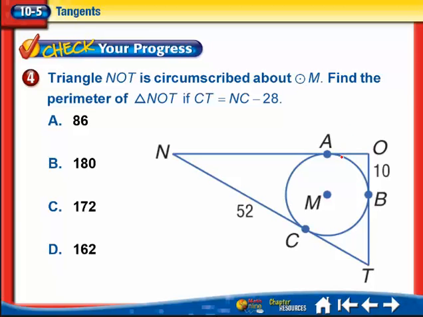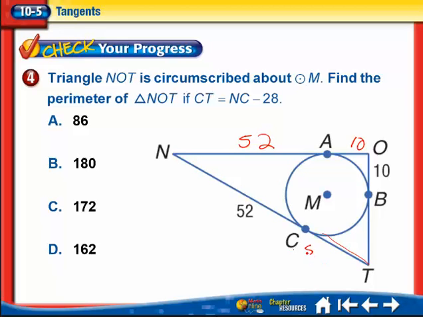Triangle NOT is circumscribed about circle M. Find the perimeter if CT is NC plus 28. So I'm just going to go in here and mark all the ones that are already marked. I know the opposite side is going to be congruent. We know that CT here is NC, which is 52, minus 28.